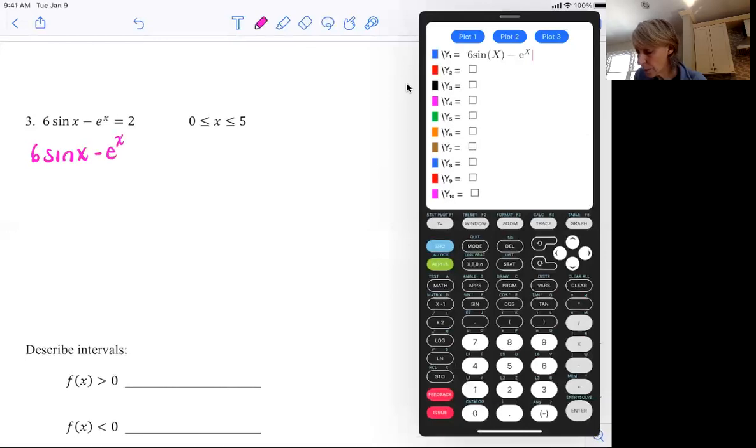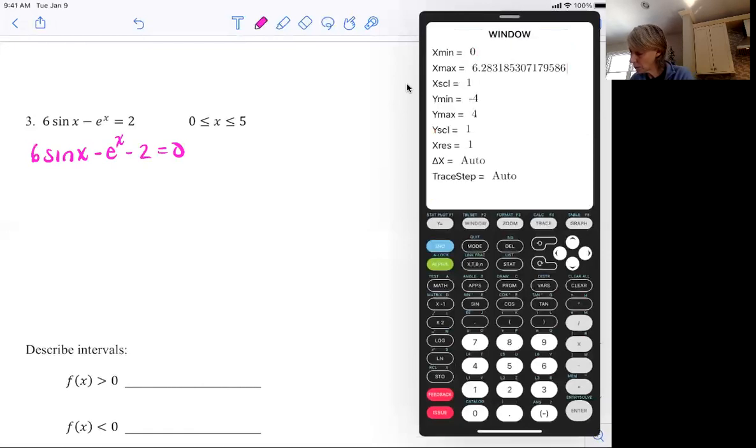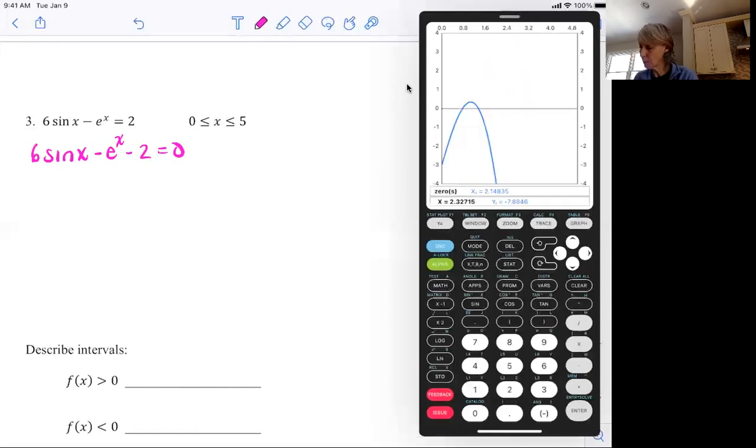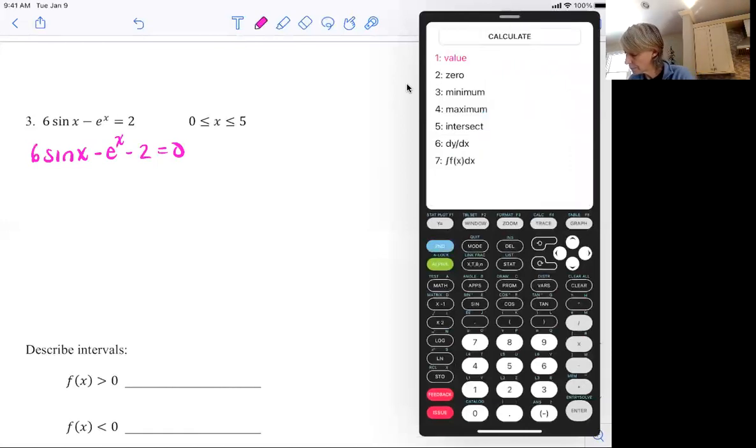This has to all be to one side. And I'm on the interval 0 to 5. So I'm just going to go ahead and adjust my window to begin with. Look at my graph. And I see here that I'm going to have 2 x-intercepts. So I'm going to go ahead and solve for them.